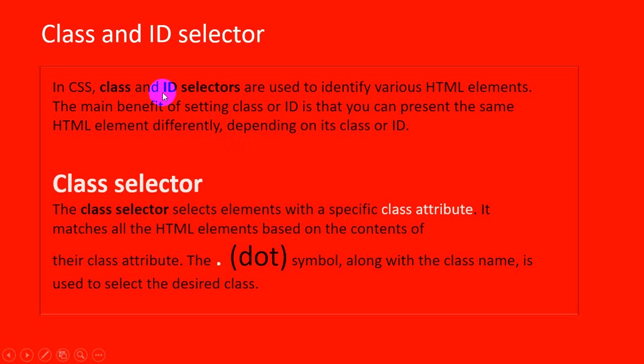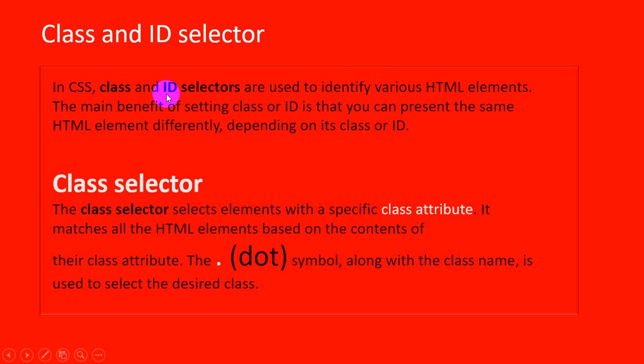In CSS, class and ID selectors are used to identify various HTML elements. So instead of using HTML elements directly, we will use the ID and class attribute. For example, we have an HTML tag called h1. So h1 is an HTML tag. If you want to apply any CSS on h1 or h2 or p tag or a tag, instead of using the name of the HTML tag, we can use an attribute that is a class or ID.